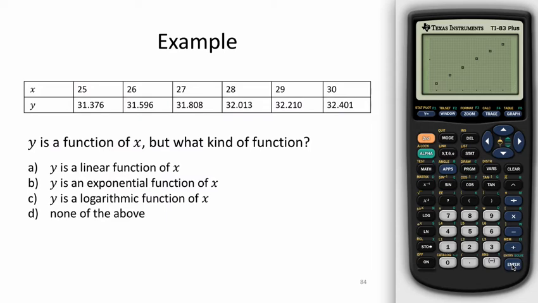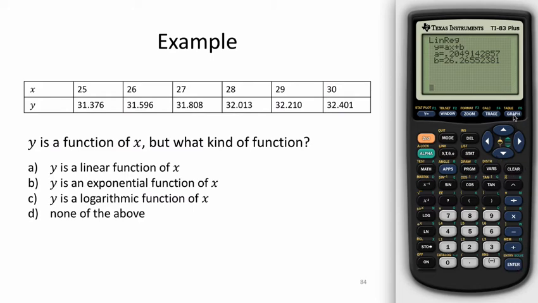I don't know whether this is linear from the graph. Let's see if it is. Stat, calc, and run a linear regression with inputs in L1, outputs in L2, and store the regression equation in Y1. Here's the linear model, the best linear fit to that data.